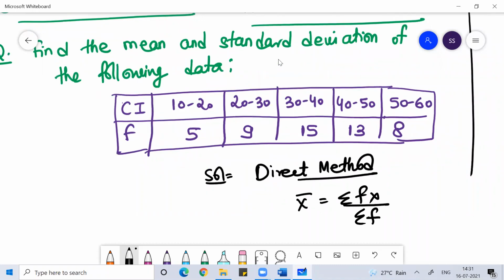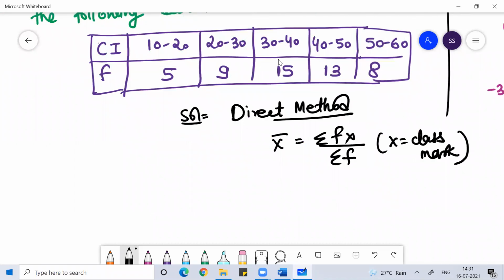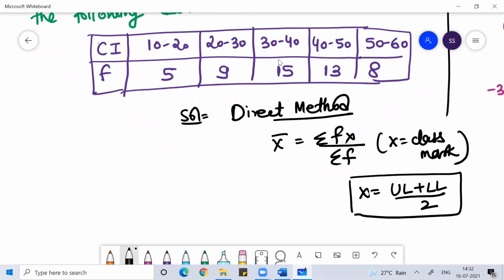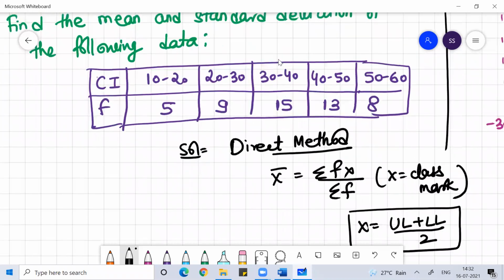Here f means frequency. What is x? x is called the class mark. It is basically the average of the upper limit and lower limit. The average of the upper limit and lower limit is called the class mark.